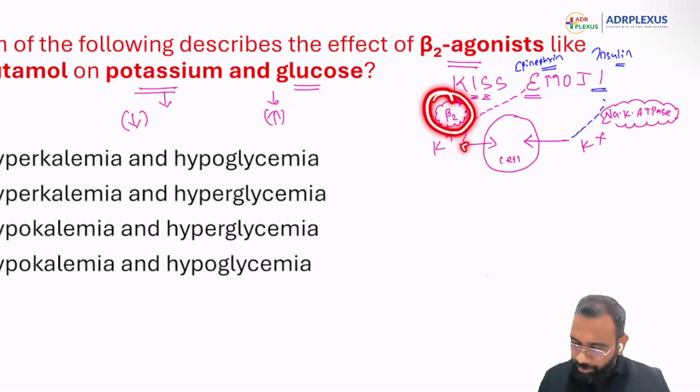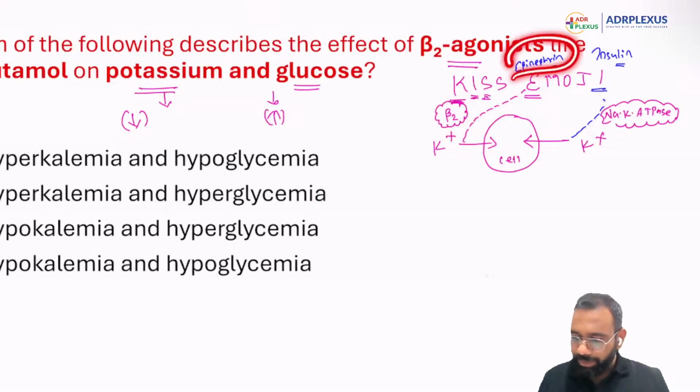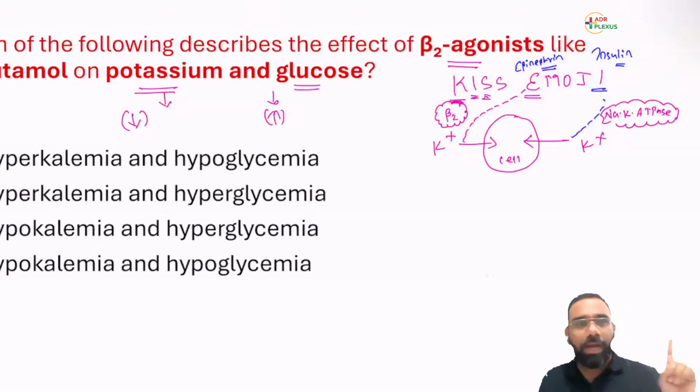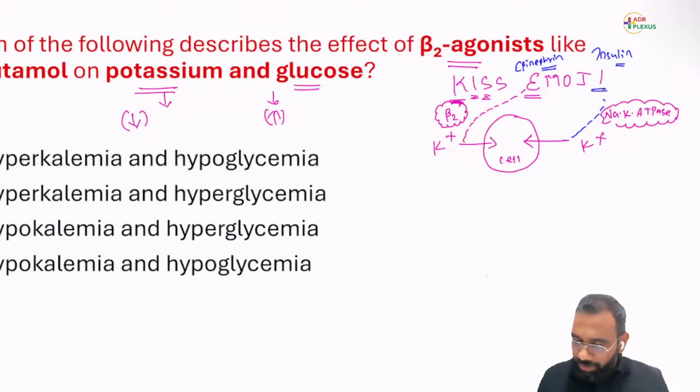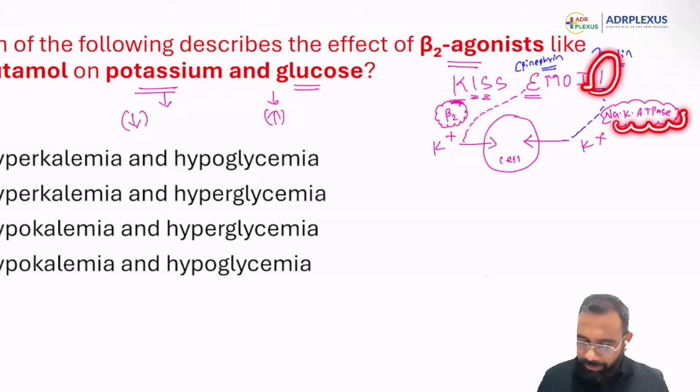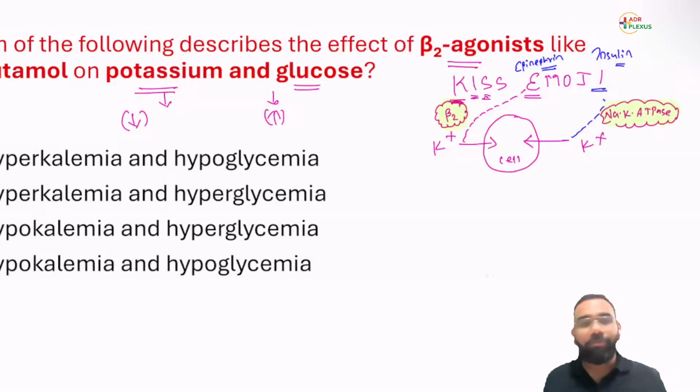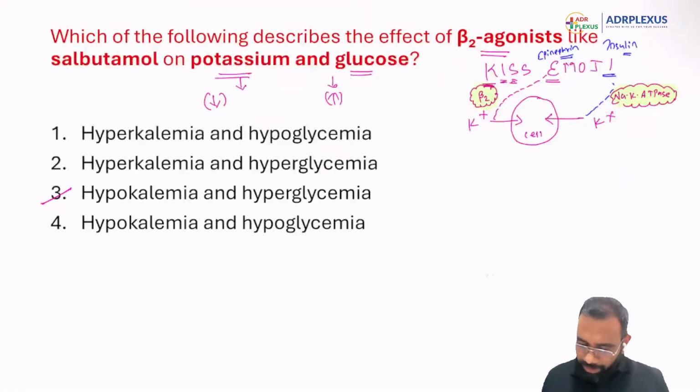Beta 2 agonist is going to cause hypokalemia. So epinephrine and insulin both cause hypokalemia: epinephrine via beta 2 agonism and insulin via sodium potassium ATPase. Read the question carefully for what he is asking, and this is the reason behind it. That's all about hypokalemia and hyperglycemia, the beta 2 agonist part.